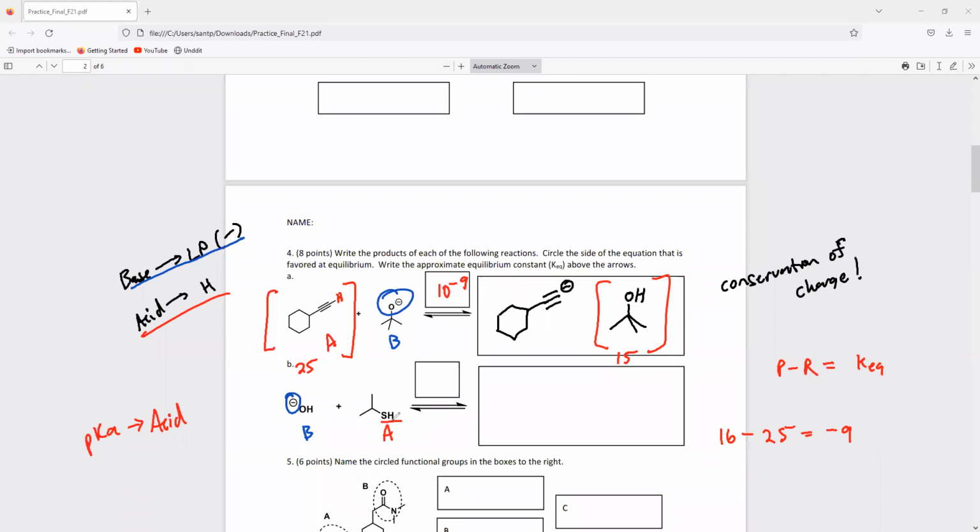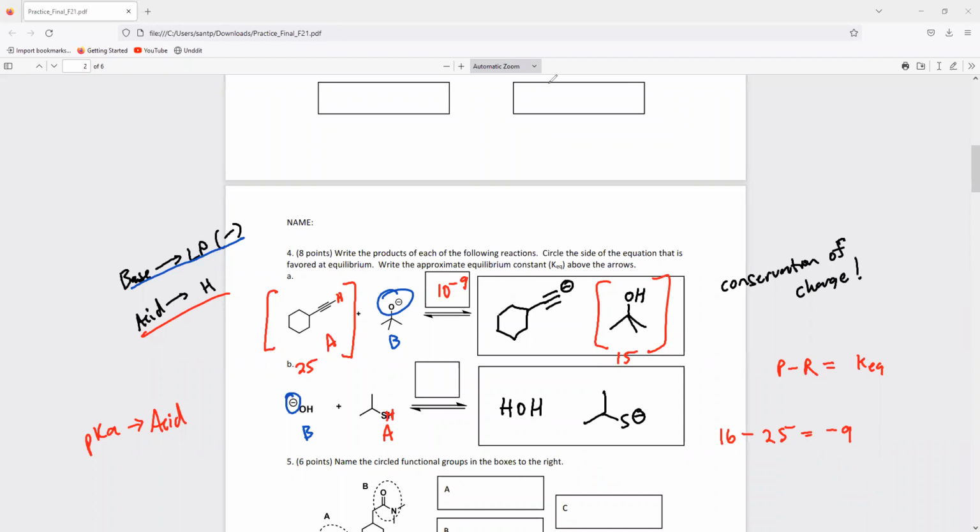Okay, that's the guy with our proton. So to write my equation, I'm just switching protons, right? So this guy gets a proton, turns into water, and this guy loses a proton. And again, conservation of charge, right? If there is a net negative on this side, there should be a net negative on this side. Okay, so that negative is going to go on the sulfur.